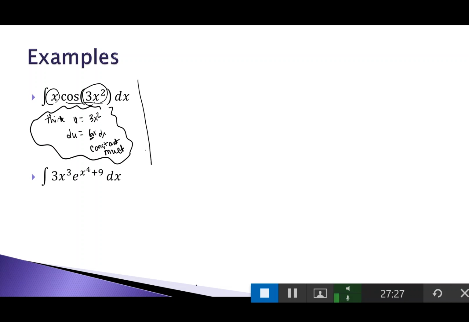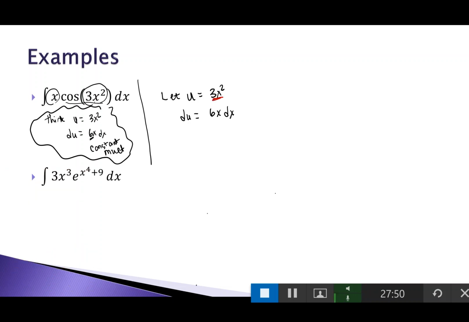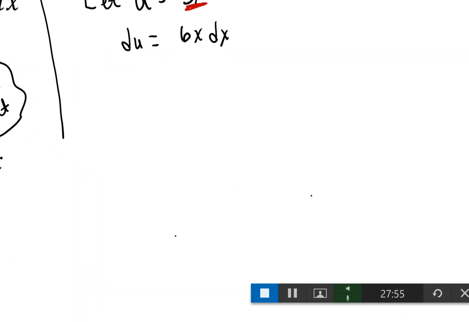So now I'm formally going to write all this out. I'm going to let u be equal to 3x squared, and then du is going to be 6x dx. I'm taking the differential. And now I'm going to start to make some substitutions. The 3x squared is going to be u.